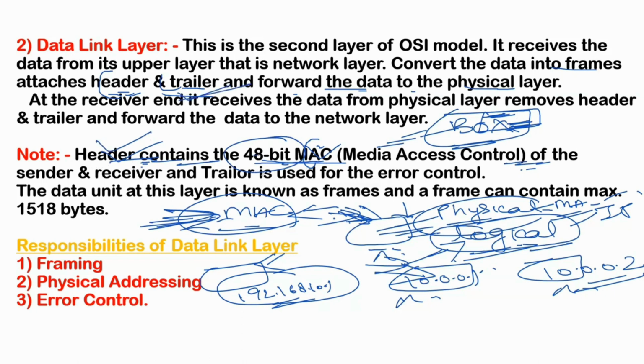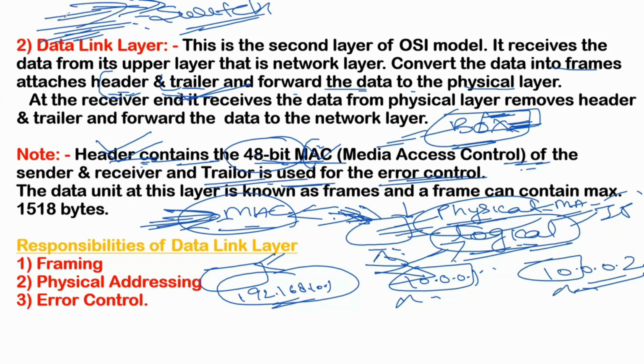Trailer is used for error control. It will control errors that occur in the data link part, meaning in the switch, since the switch is used in the data link layer. If any error occurs in the switch, the trailer will control it, if it is possible to control.